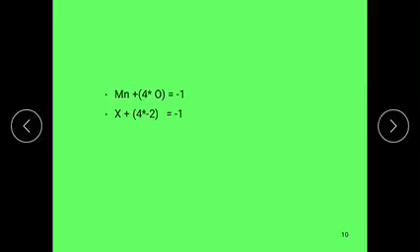Then X minus 4 into 2, that is minus 8. X minus 8 equal to minus 1. Then X equal to minus 1 plus 8. Then X equal to plus 7.